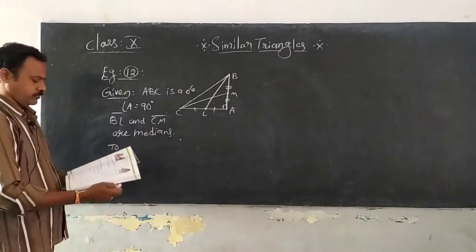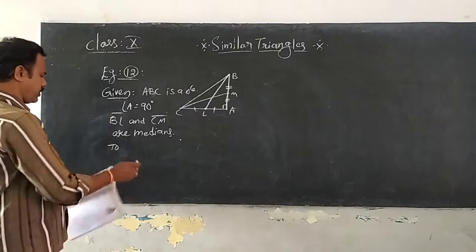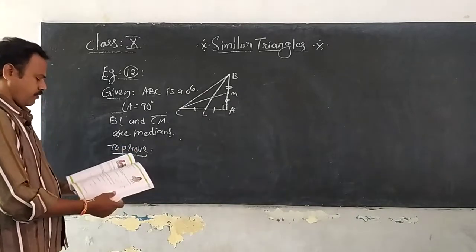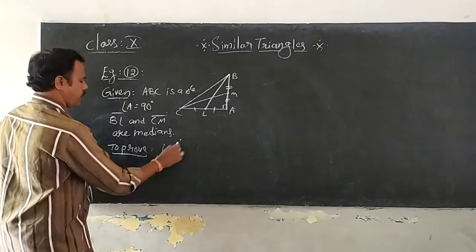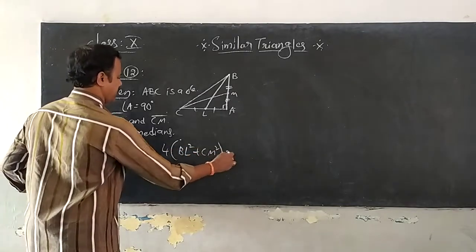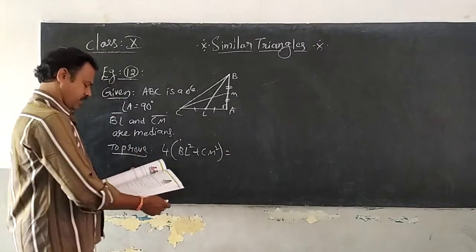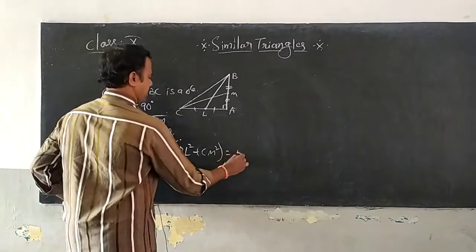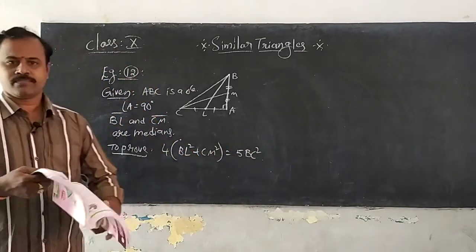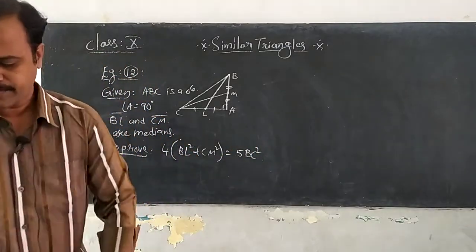To prove: what is asked to prove here? To prove is 4 into BL square plus CM square is equal to 5 BC square. This is the question given to us.